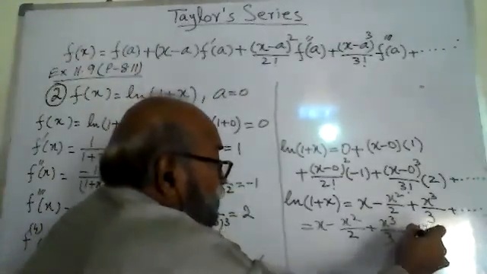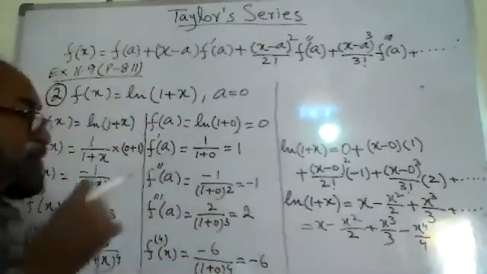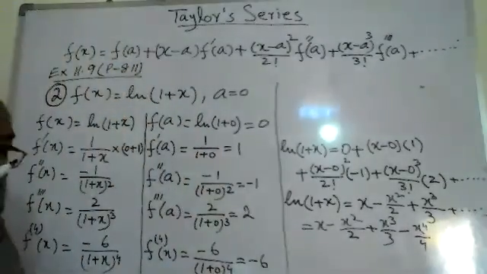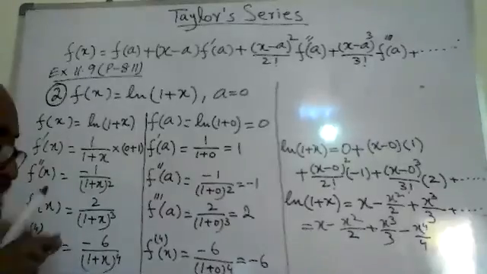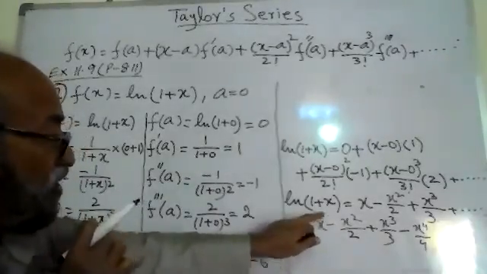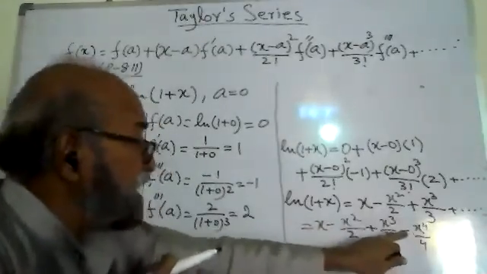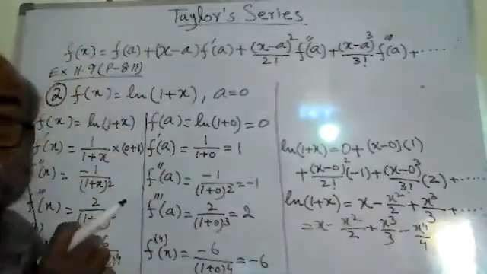And then x5 upon 5, x6 upon 6, etc. All the even powers will be negative and all the odd powers will be positive.